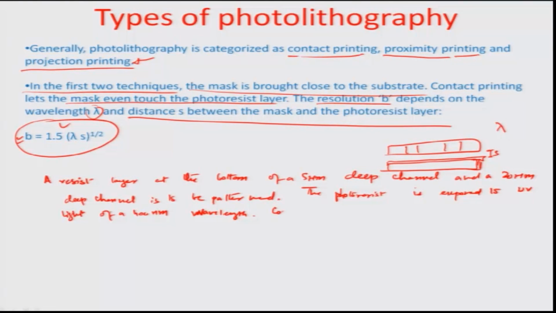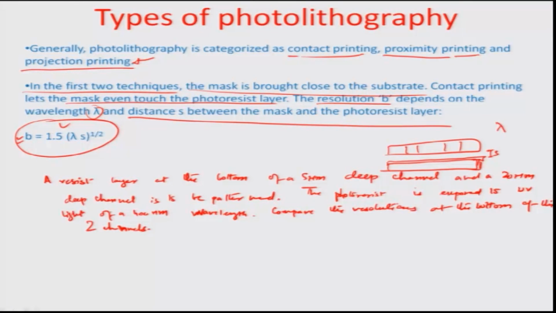So we want to compare the resolutions at the bottom of the two cases or the two channels. So let us look at the problem of how we develop the resolution in both the cases.